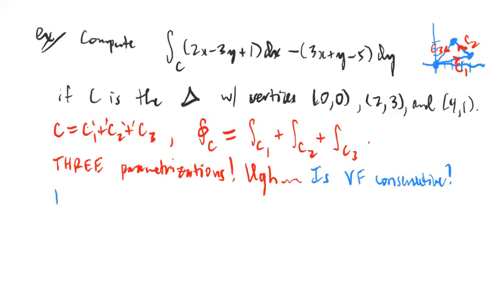Well, here we have that f of x, y is equal to 2x minus 3y plus 1, comma. Now be careful because there's this minus sign right here, so I have to distribute that to the second coordinate function. The second coordinate function is going to be negative 3x minus y plus 5.